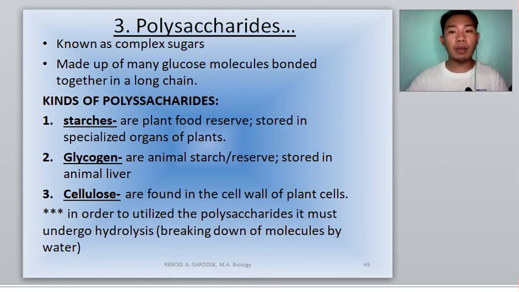Second, we have glycogen. Glycogen is animal starch or the animal reserve, usually stored in the animal liver. Third, we have cellulose that is found in the cell wall of plant cells. And in order to utilize the polysaccharides, they must undergo hydrolysis, or the breaking down of molecules by water.